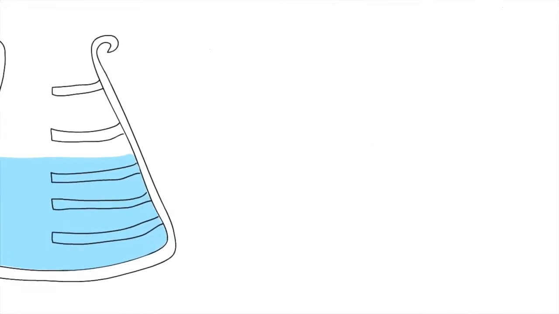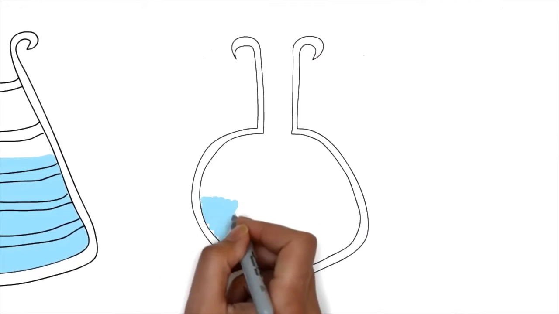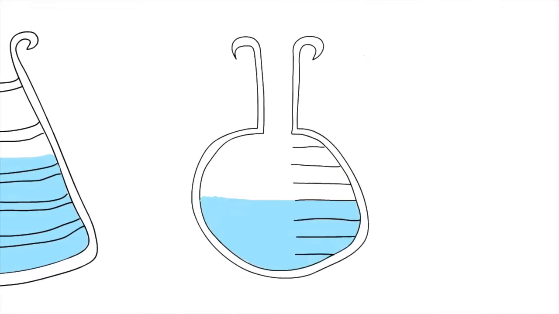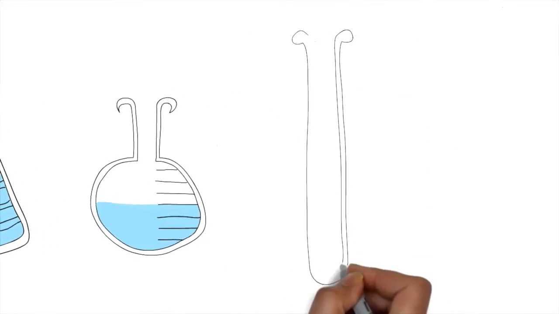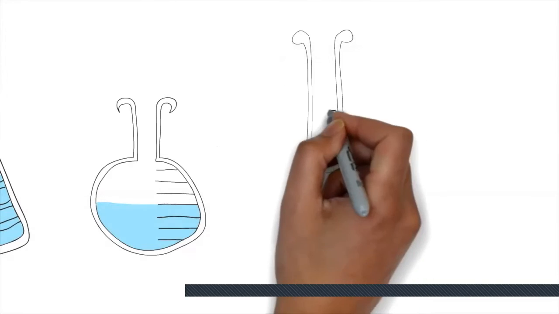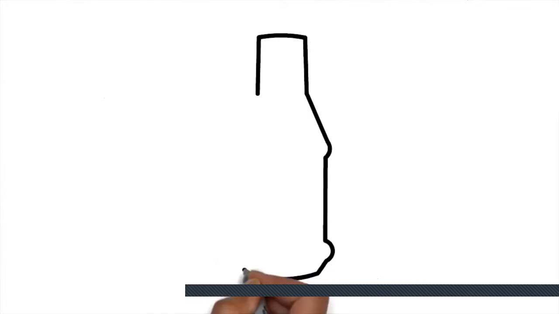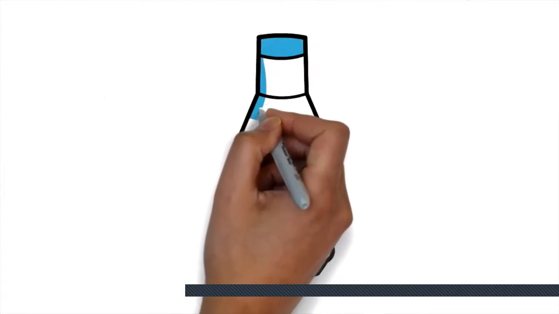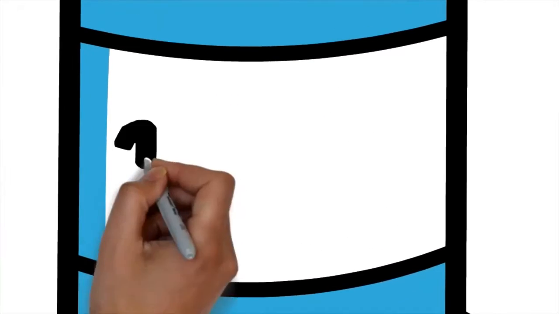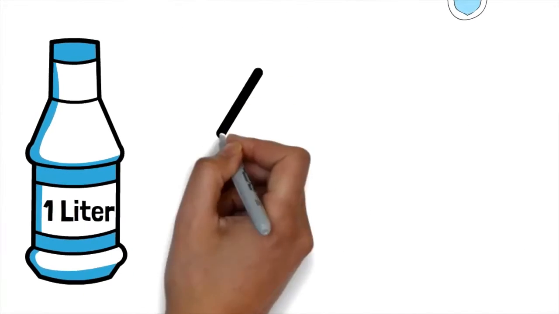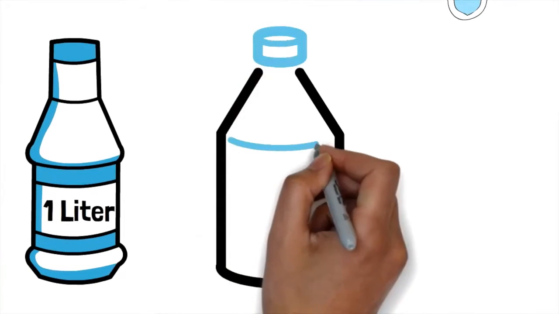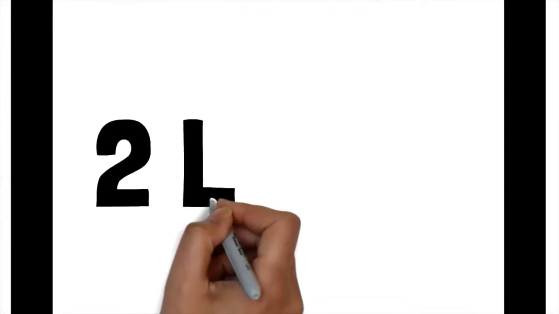It's through these instruments like jars, tubes that have numbers and indications on them that tell us how much water or product is inside. Like some bottles say that they have a 1 liter capacity in them, and some are big bottles. They say that they have 2 liters capacity in them.